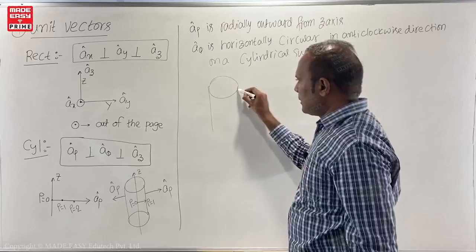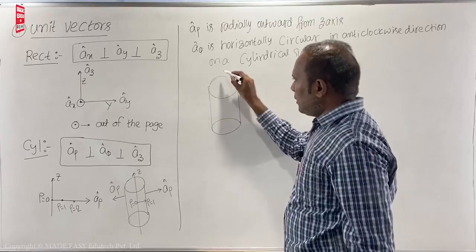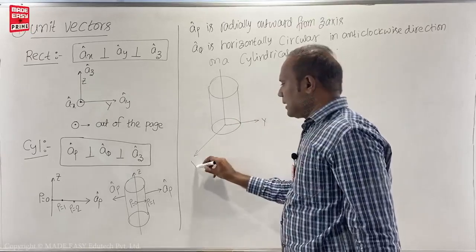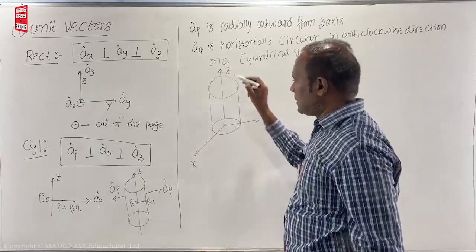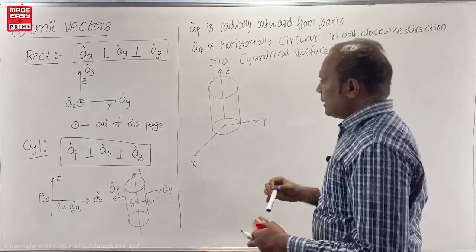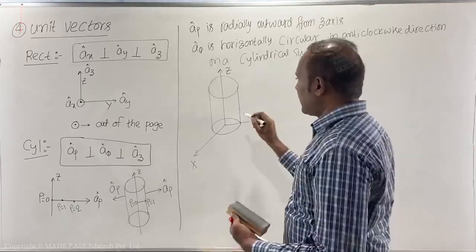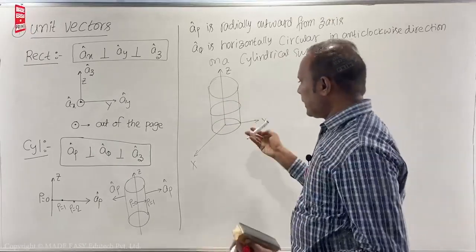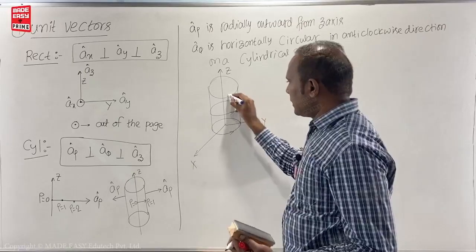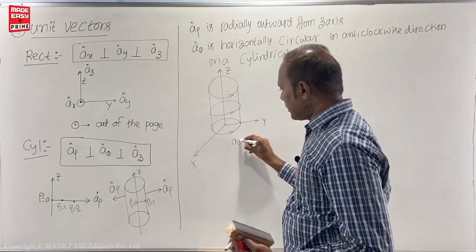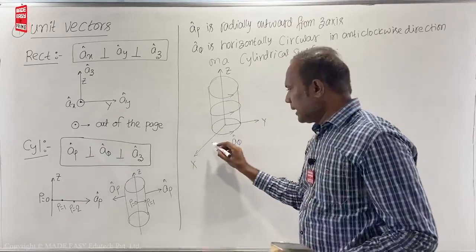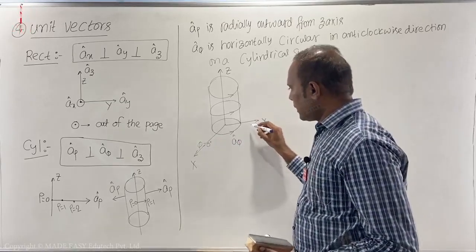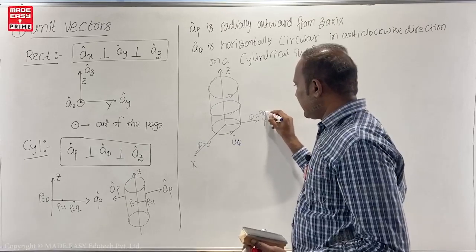This is the cylinder. Now actually this one is y-axis, this one is x-axis, this one is z-axis. So dear students, here anywhere you draw a circle like this, on the cylinder, then in this direction phi increases. So that is a phi cap, because here phi is equal to 0 degrees. Like this you go now, then here phi is equal to 90 degrees.